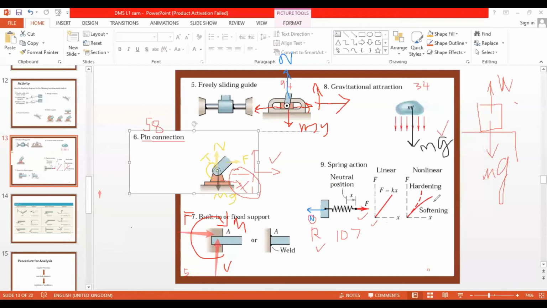But here, if you see, there is non-linear hardening or softening, right? So if this is too soft, what will happen? This will start to extend due to the excess force. Since it is not linear, when you remove that force, it will not come back to this level. It may stop somewhere here due to its elasticity.